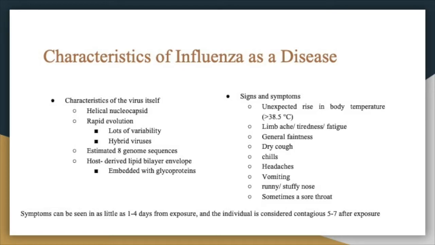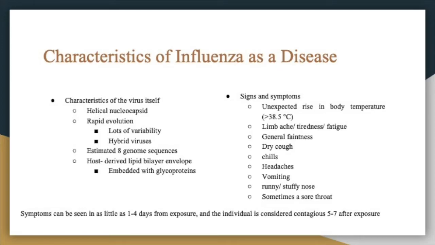There's an estimated 8 genome sequences, meaning there's 8 pieces of DNA inside the RNA strand. It has a host-derived lipid bilayer envelope, which means it is embedded with glycoproteins, which is how it's very easily identified in the body, or uneasily identified because it kind of uses the host's DNA to hide.